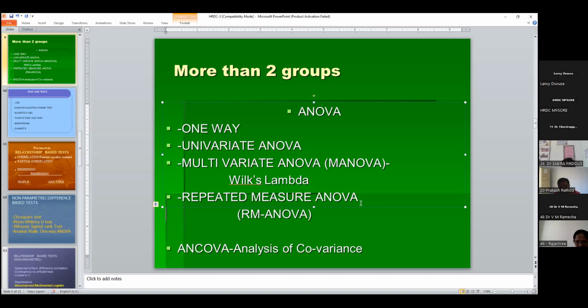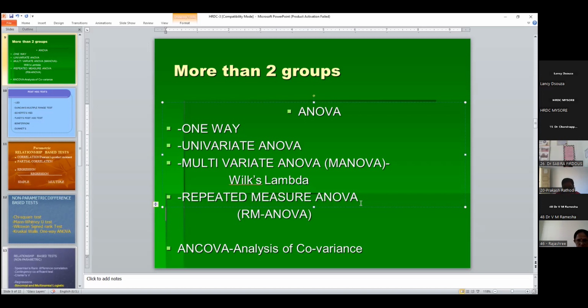In univariate ANOVA, we have taken area, gender, and even the age groups, three independent variables, but only one dependent variable, and that one dependent variable was academic performance. Now in MANOVA, there will be more such dependent variables. For example, it could be their aptitude, their intelligence, their academic achievement, their personality profiling. So you have more dependent variables versus more independent variables. Since there are many independent and many dependent variables, it's called MANOVA or multivariate ANOVA.